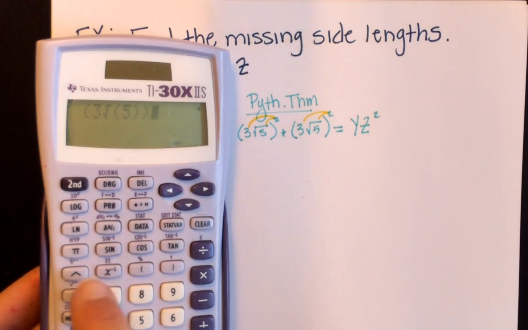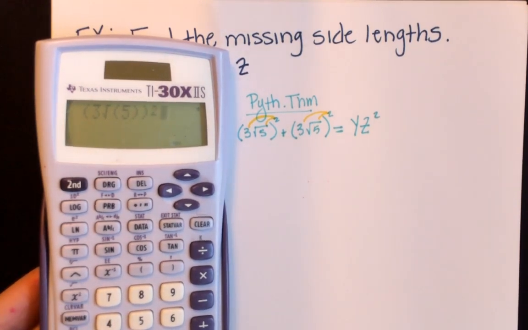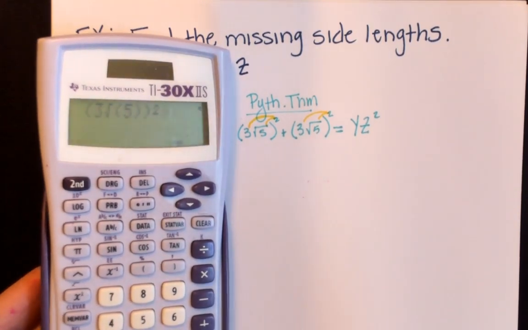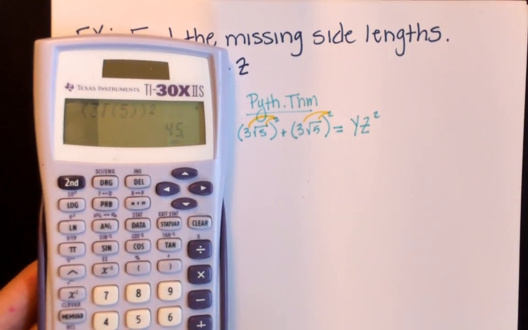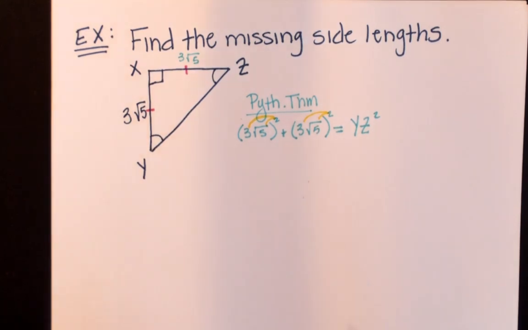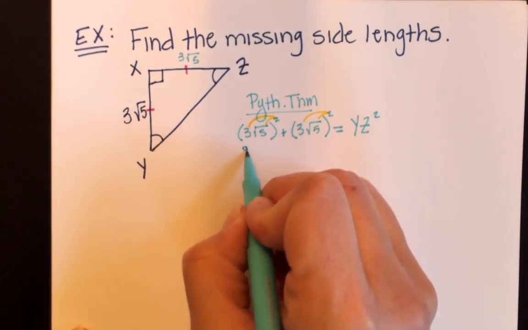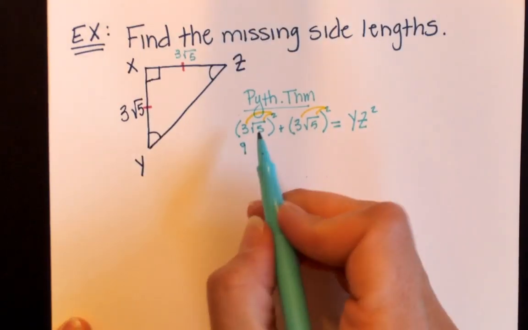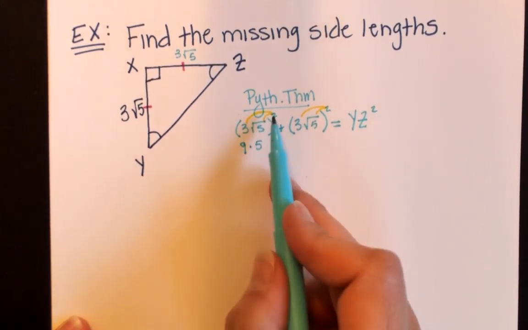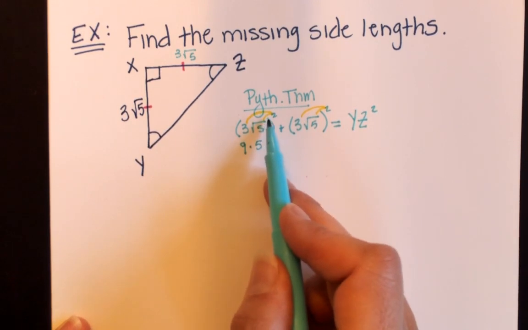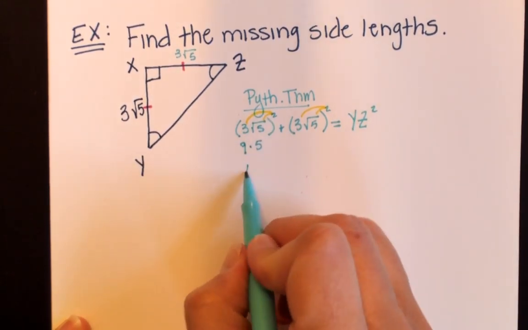I'm going to square it using our x squared button and push enter, and the number's 45. Now the reason is because 3 squared is 9. The square root of 5 squared just drops. They cancel each other out. And that's where our 45 came from.